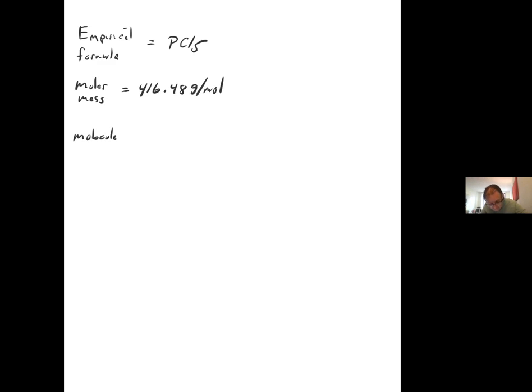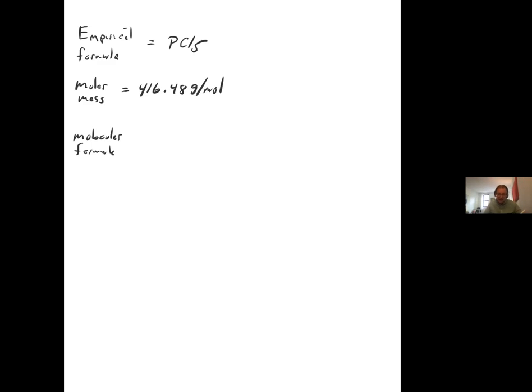Okay, so here's what we have. The empirical formula is PCl5, right? And the molar mass is 416.48 grams per mole. We want to find the molecular formula.